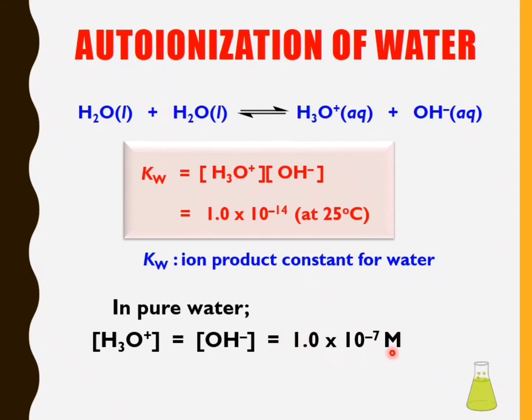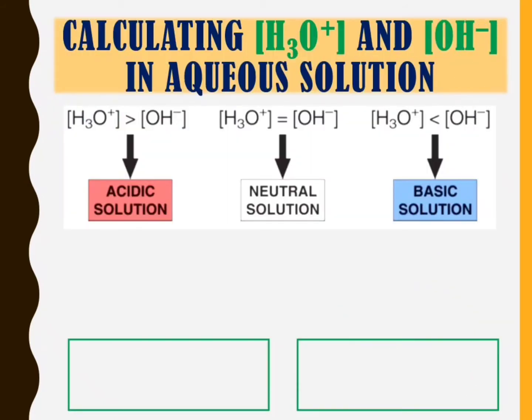Okay, so nilai concentration of OH minus and H3O plus sama, sebab tu pure water adalah neutral, tidak berasid, tidak berbase, because the concentration of H3O plus and OH minus equal. So kalau concentration H3O plus lebih tinggi, dah jadi lain dah, kan? So kita tengok kat sini.